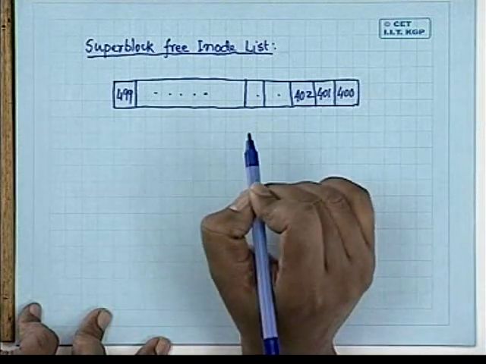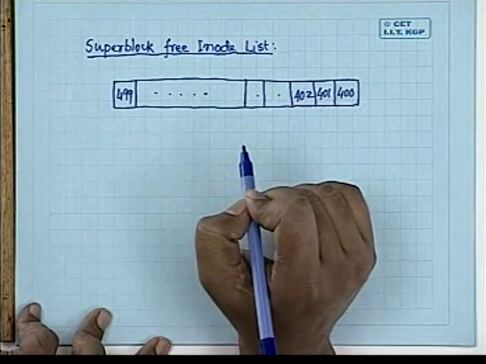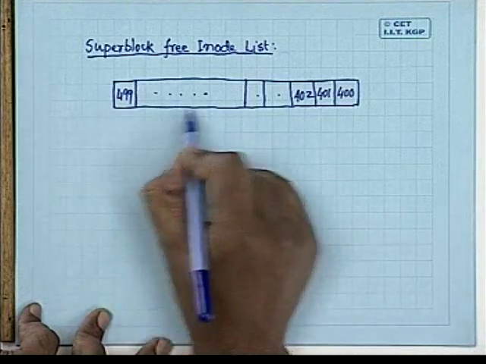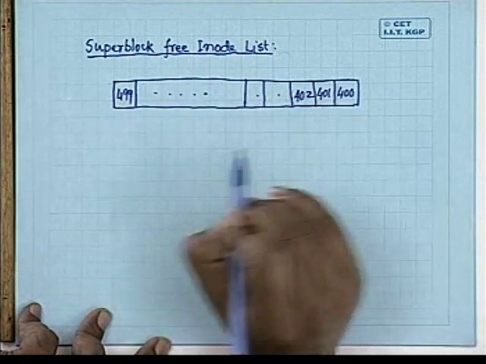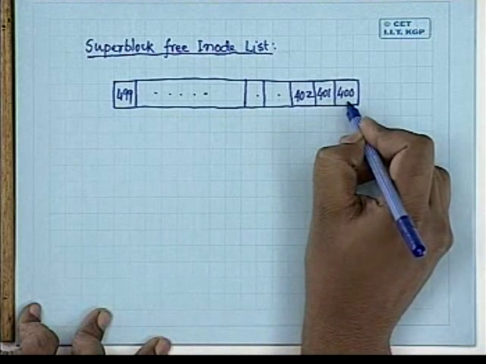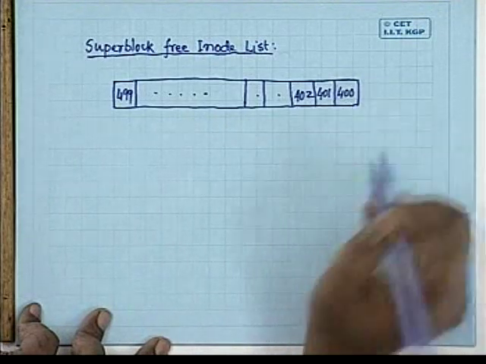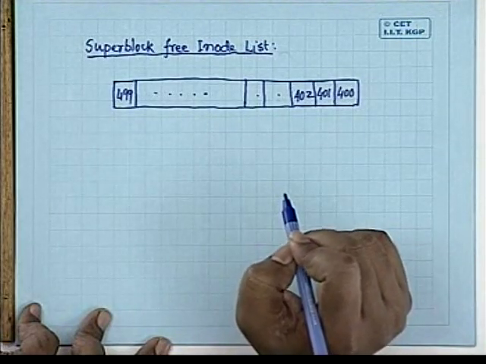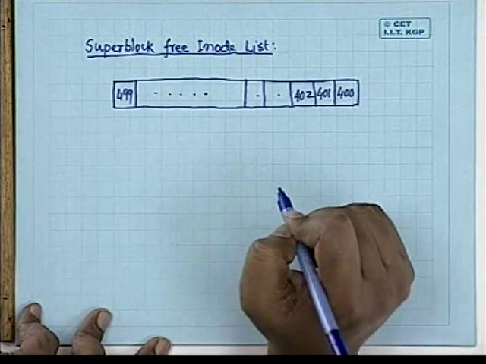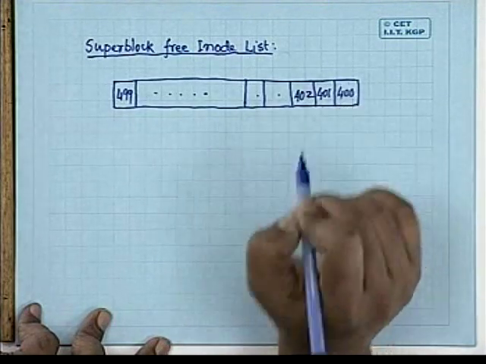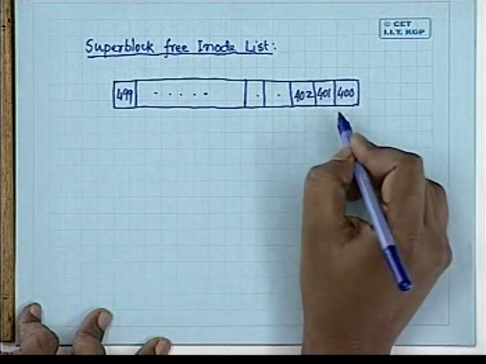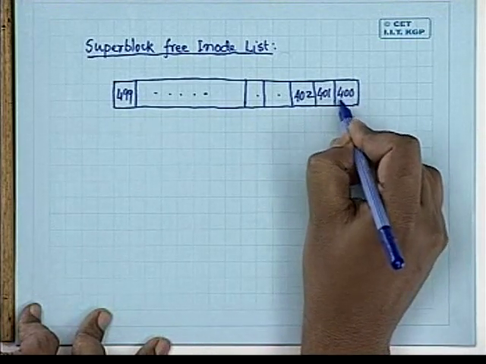Now whenever a process asks for an inode, because there are a number of free inodes indicated in the superblock free inode list, this inode will be taken and given to the process to be allocated to either the file or the directory. And after this is given, this particular entry will be empty.